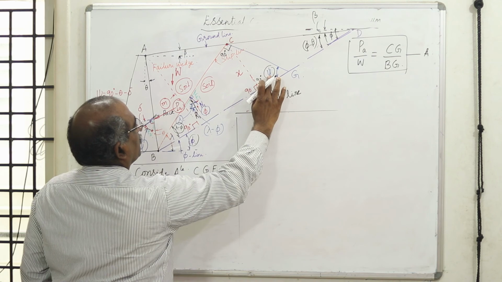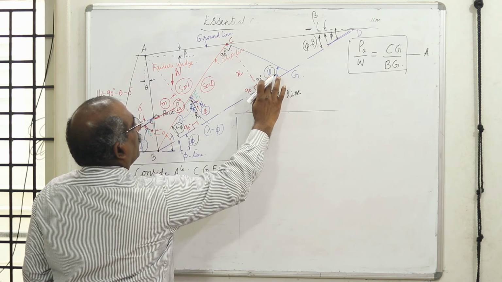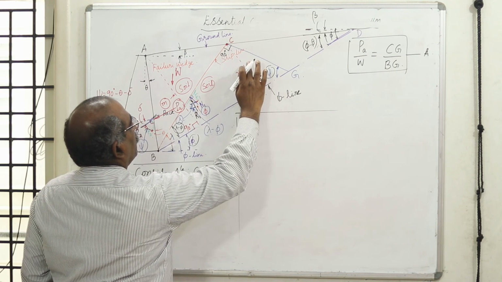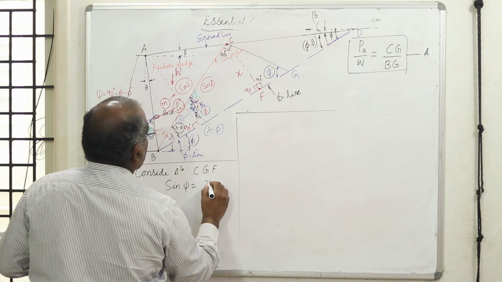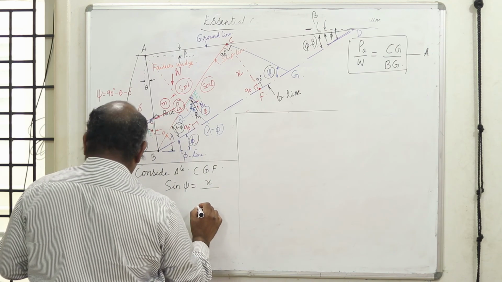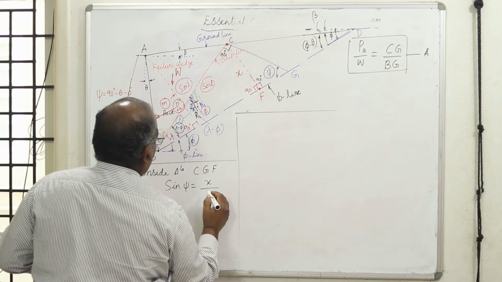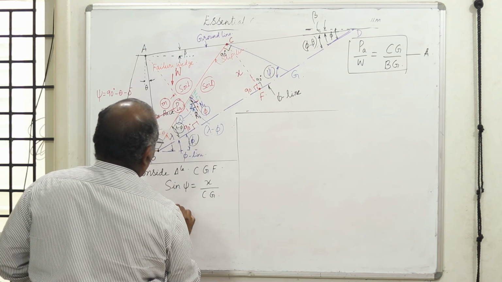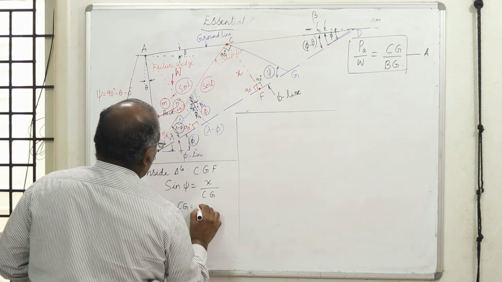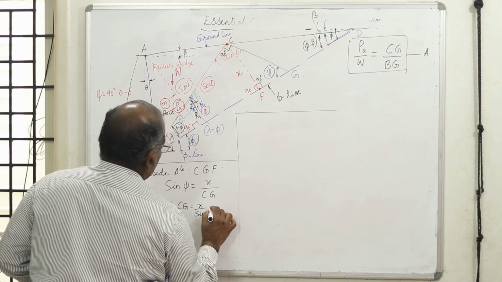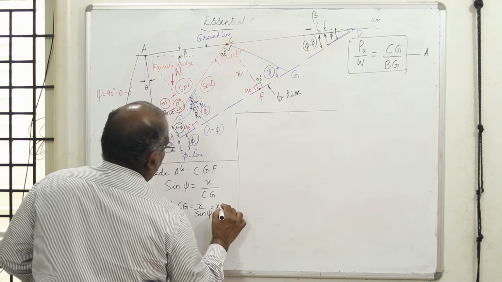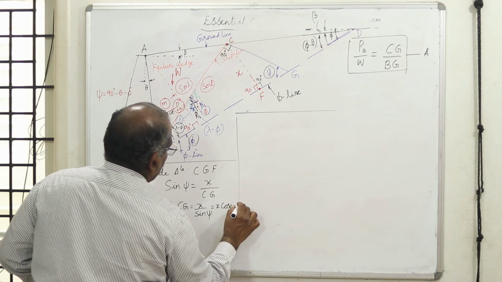Now when I take sine of this angle, sine is opposite by the hypotenuse. Therefore x is the opposite, and CG is the hypotenuse. Therefore CG is equal to x divided by sine psi, which is equal to x cosecant psi.